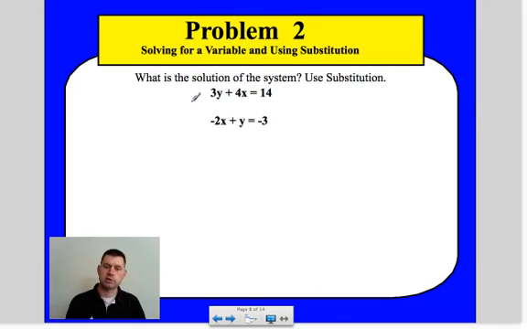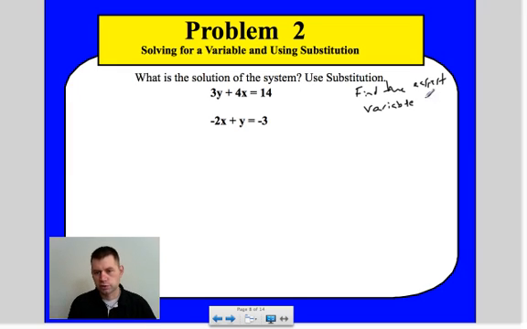What happens when we don't have anything solved for? Well, we might actually have to solve for a variable ourselves. So what we're going to do is find the easiest variable to solve for. That's kind of a key here, and I'll write this down. Find the easiest variable to solve for.